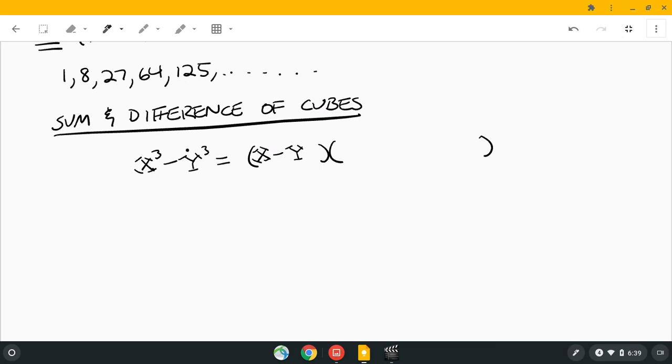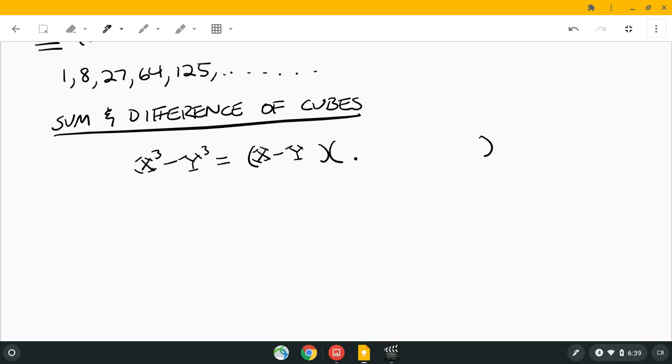All right, and then you can move away from here now and just focus on your binomial here. So to come up with the 3 terms in the trinomial factor, each term has a formula, and the formula for each term is based around these guys here.